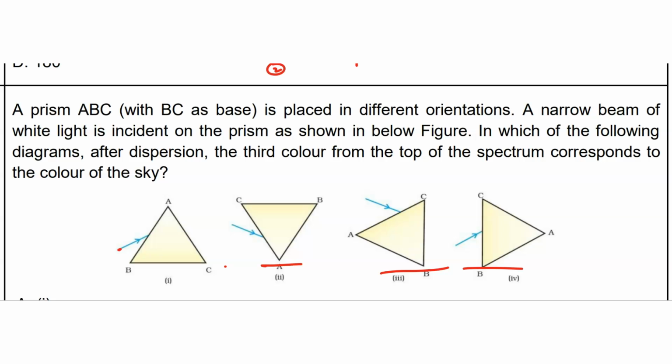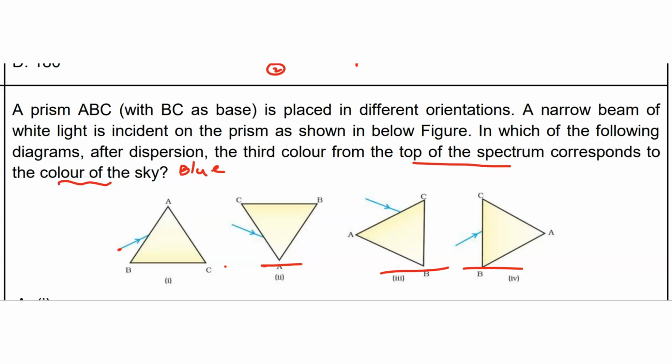In which of the following diagrams, after dispersion, does the third color from the top of the spectrum correspond to the color of the sky? So they have asked from the top of the spectrum which color corresponds to blue. In which orientation will we have the color blue third from the top?